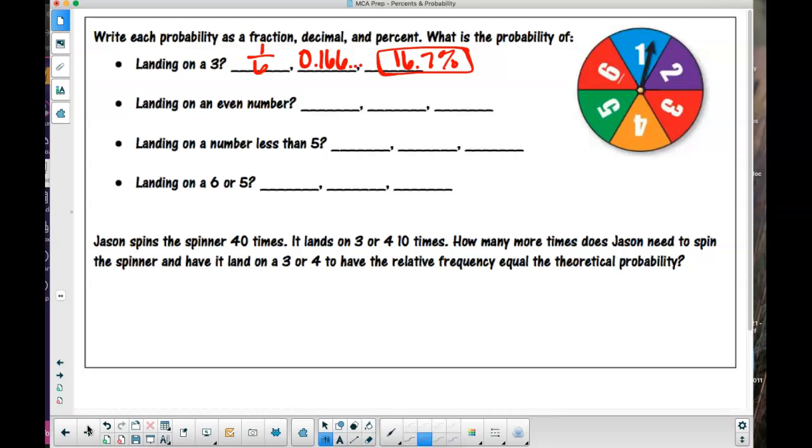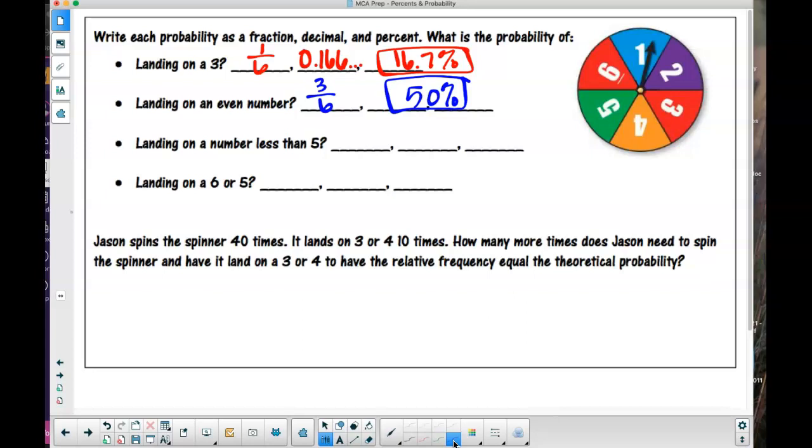Okay, how about landing on an even number? What's the fraction of landing on an even number? Savannah. 3/6. Which one is that as a percent? 50%, right? Half of the time. So 50%.